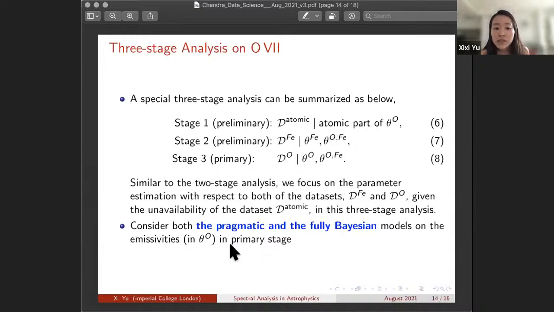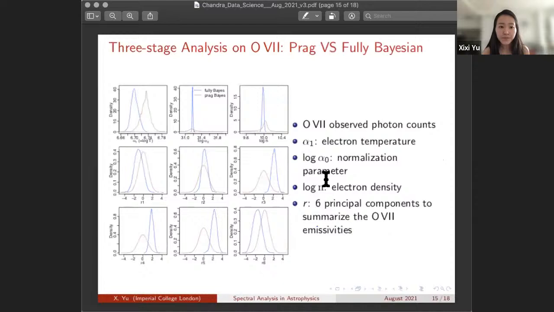Similarly, we also consider the pragmatic and fully Bayesian models on the emissivities in the primary stage, and we compare the fully Bayesian results and the pragmatic Bayesian results. Under the fully Bayesian model, the error bars shrink a little bit compared to the pragmatic Bayesian model.